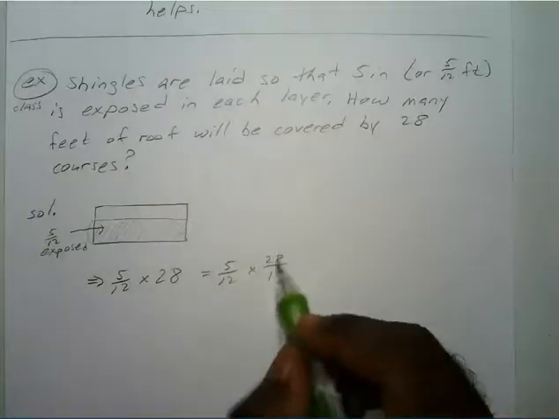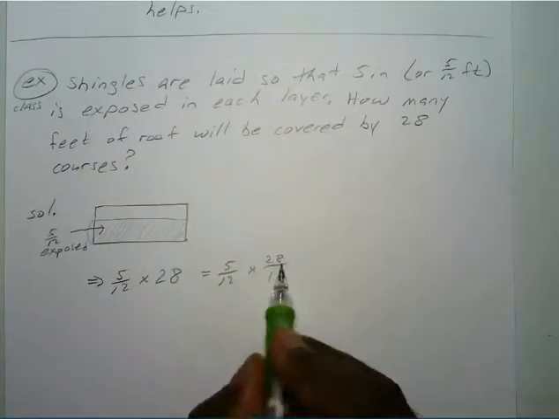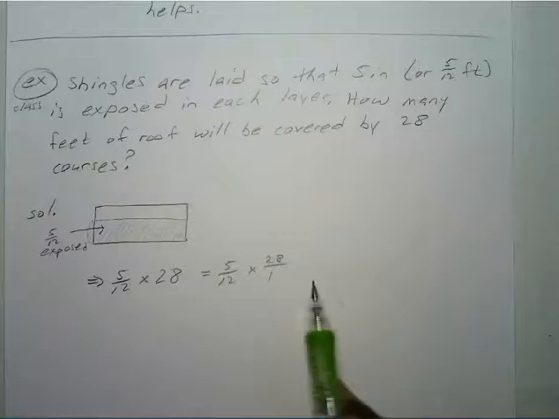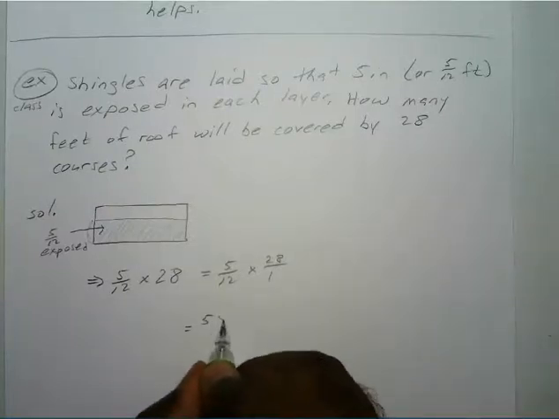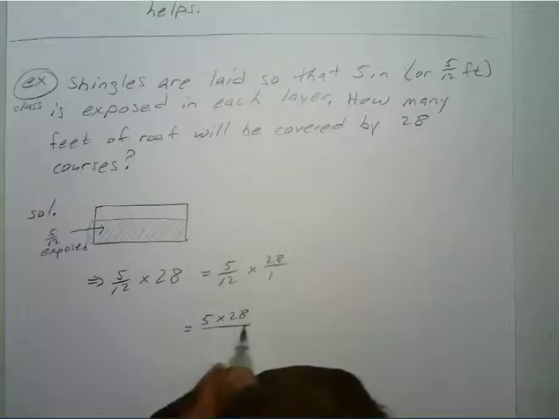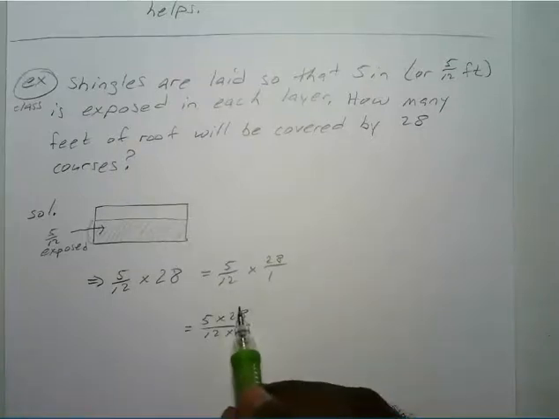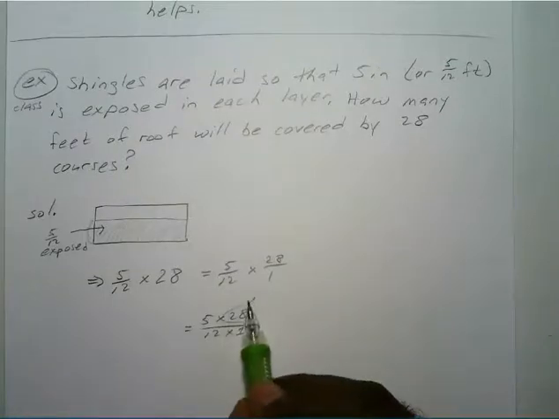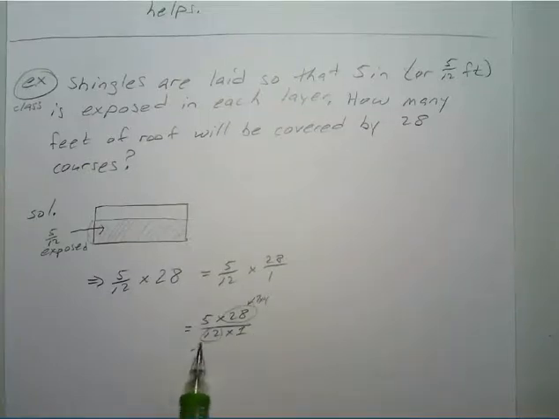Remember, we just multiply across, and I'm going to put that below because I might run out of room over here. So you have 5 times 28 over 12 times 1. We know that 28 is 7 times 4, and 12 is 4 times 3.